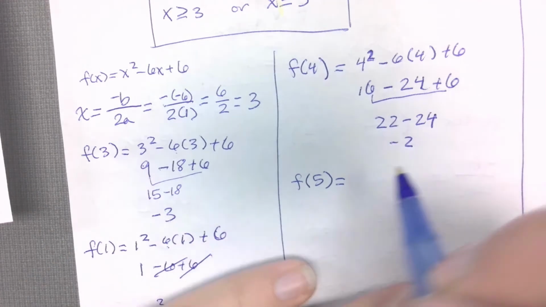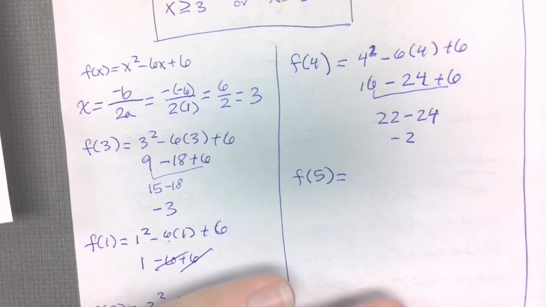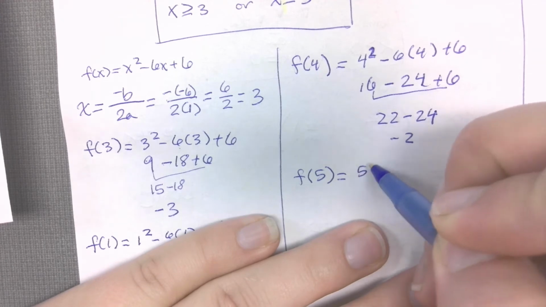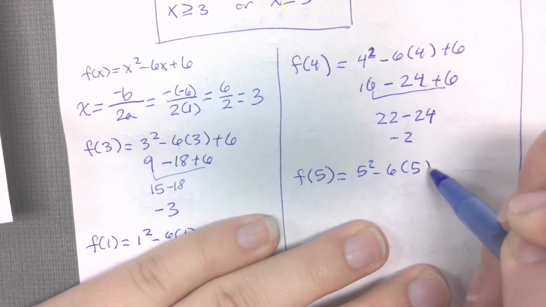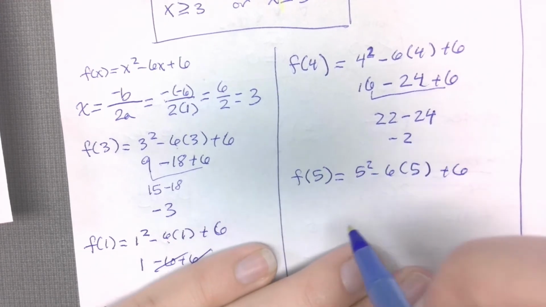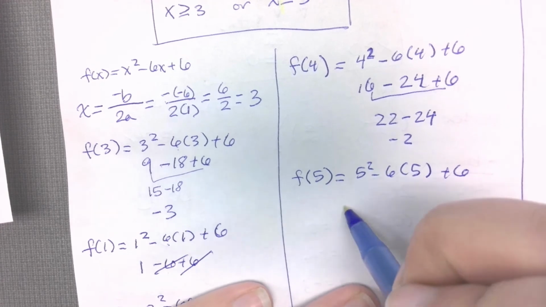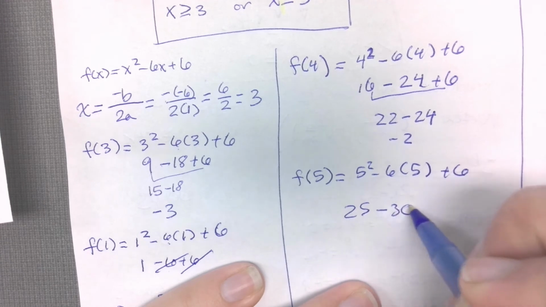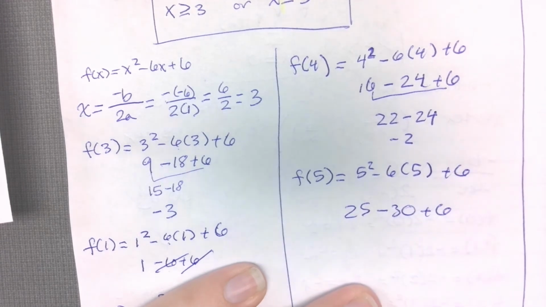Let's rock and roll. Lissandro, help me set it up. 5 squared minus 6 times 5 plus 3. Jacob, help me out. 25. Negative 30. And 6. Good. Is it Jared Ramirez?